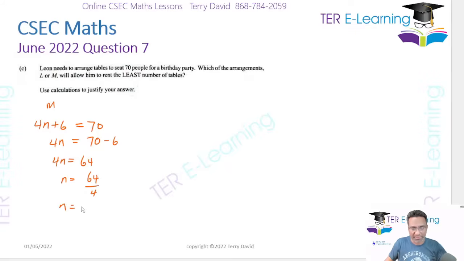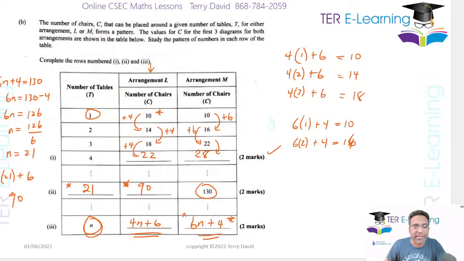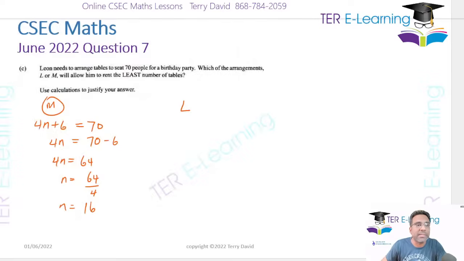So n in this case is going to give me 16. So according to this, if I use arrangement M, I need 16 tables to fit 70 people. So for the next one, oh sorry, this one is L.